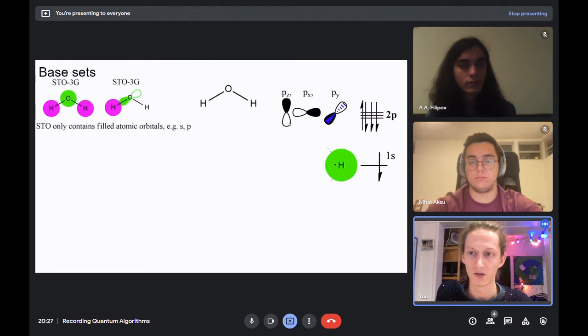And if we now look at which basis sets we can use, this is the minimum basis set, the STO, and it only contains the filled atomic orbitals, like the s and the p orbital in this case.